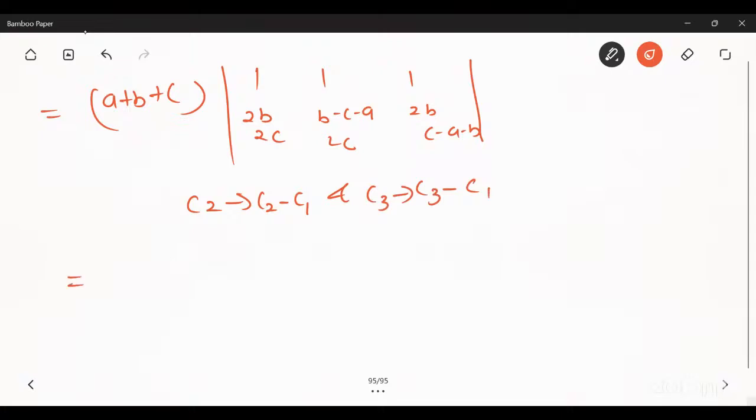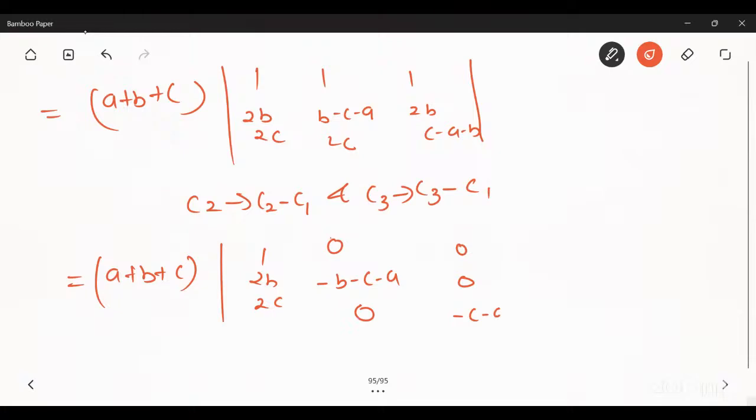So you will get a plus b plus c, 1, 2b, 2c. 1 minus 1 will become 0, b minus c minus a minus 2b, so you will get minus b minus c minus a, minus b minus c minus a, and 2c minus 2c will become 0, 2b minus 2b will become 0, and c minus a minus b minus 2c will be minus c minus b minus a.